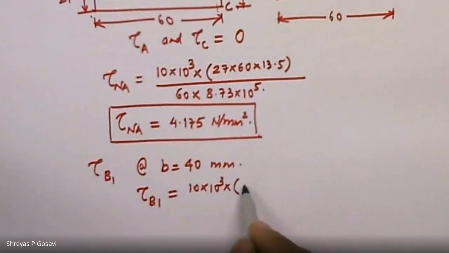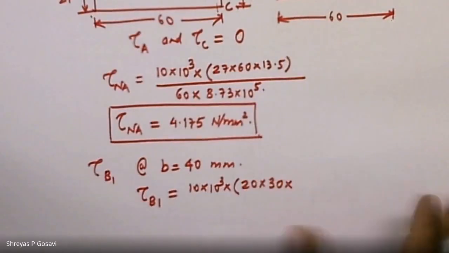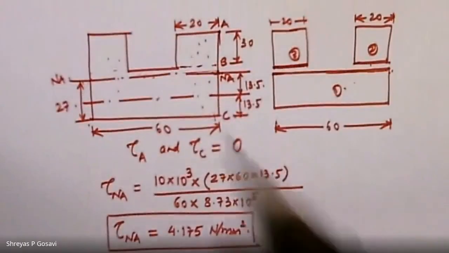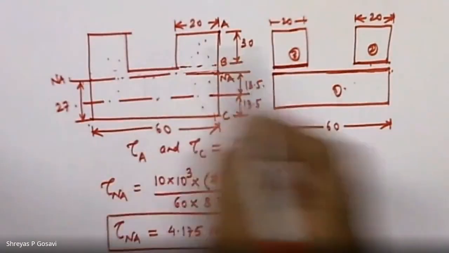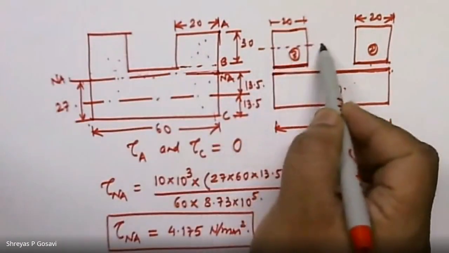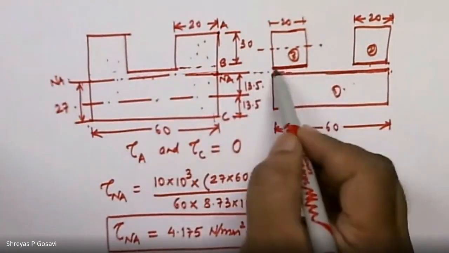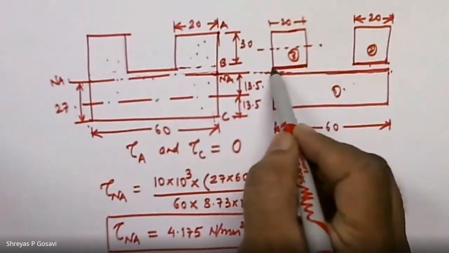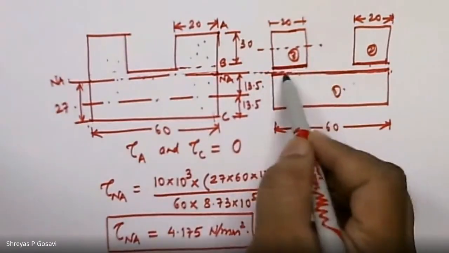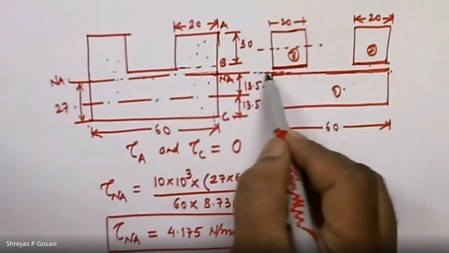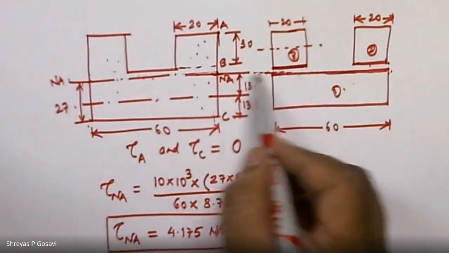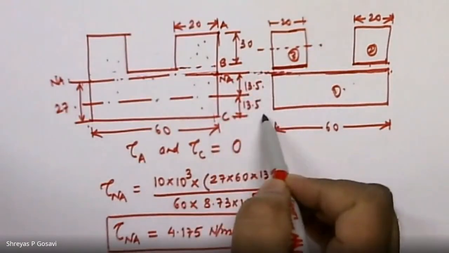Area is 20 multiplied by 30 into y bar. So y bar is nothing but the distance of the centroidal axis of the section under consideration from the neutral axis. This junction is slightly above the neutral axis. Our neutral axis is exactly at 27 millimeters from the base.